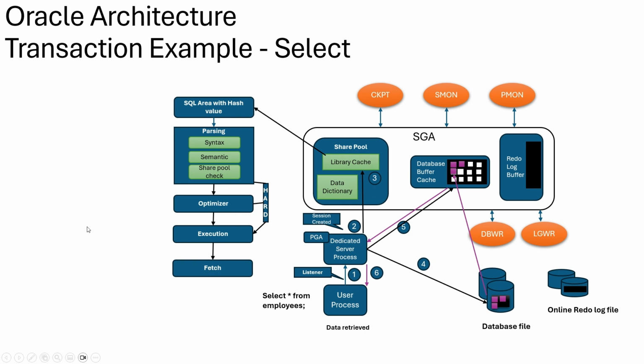So it goes directly to execution, and from there it first checks the database buffer cache. Since the data is available in the buffer cache, it reads from the buffer cache and gives that data to the user. That's all. That entire process is called soft parsing. Soft parsing need not go through execution plan creation.